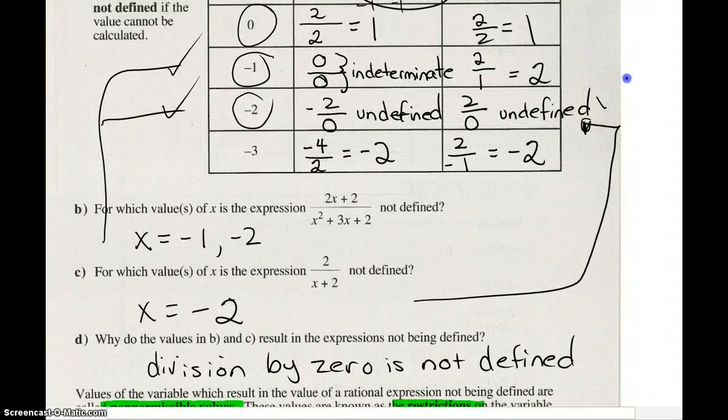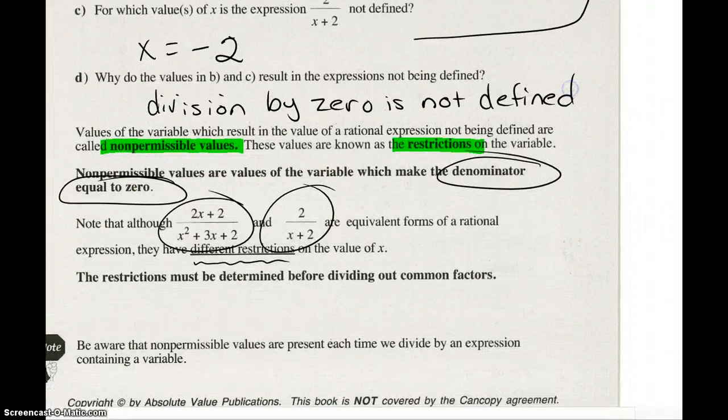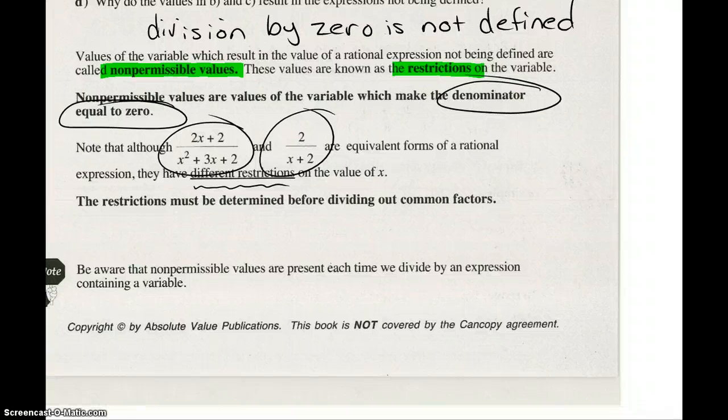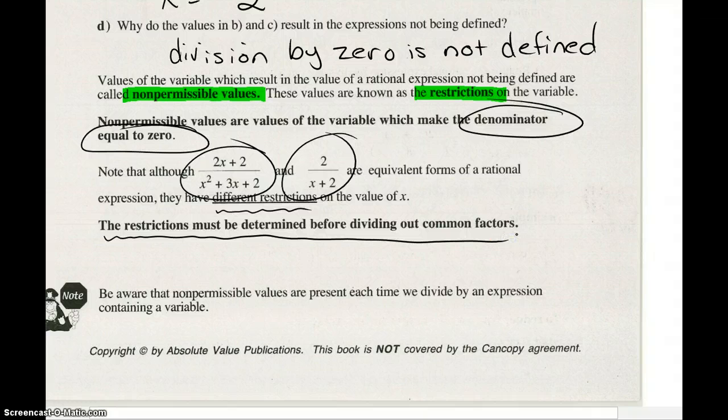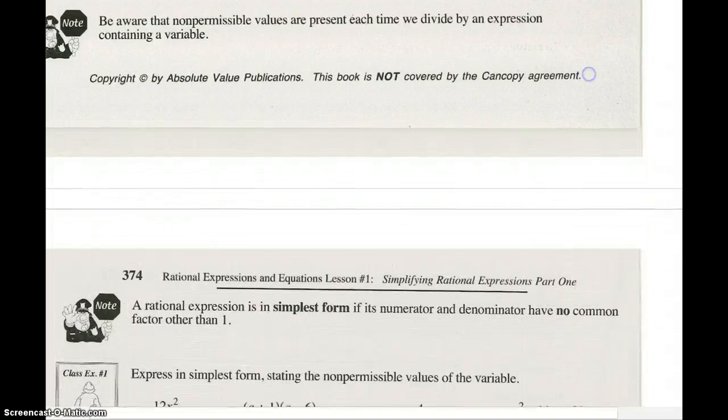In this one, we only had the -2 undefined, and in the first column, we had -1 and -2. So they have different restrictions, even though they are equivalent forms. So what does it say? The restrictions must be determined before dividing out common factors. So let's turn the page and have a look at what that looks like.